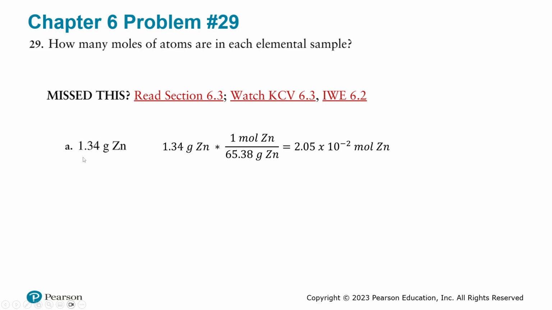And so we have way less amount of zinc than the number on the periodic table. So we should have less moles than a whole mole. So again, the mass number on the periodic table is either the molar mass, the mass of 6.02 times 10 to the 23rd atoms of a material, or it's the atomic mass unit of a single atom.